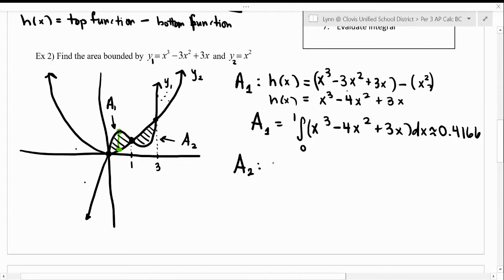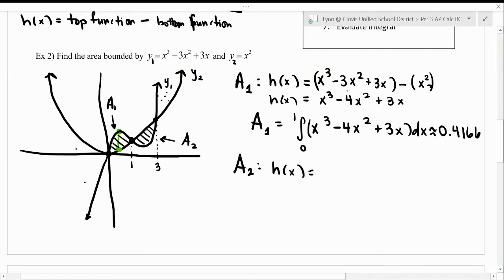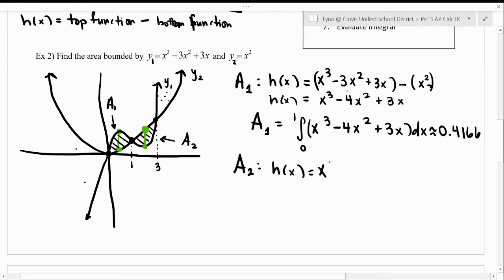All right, so for area 2, let's talk about that particular height. So when I go to look at that height, I'm going to go from here to here. So the top of the function this time is defined by the quadratic, right? Because it's switched locations. So that top function is defined by x squared, and then minus the bottom function, which is defined by the cubic.